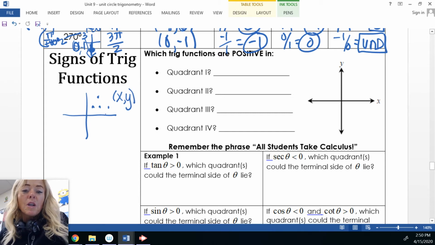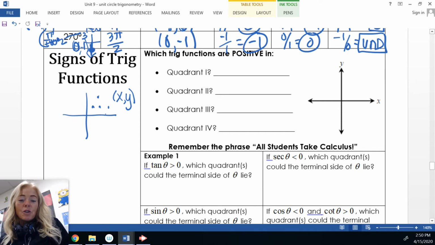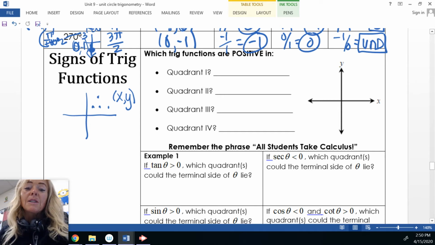If x is 2 or 3 or 4, or y is 2 or 3 or 4, whatever they are, they're both positive. Now, when I have points in this quadrant that could be on a terminal side, all of a sudden my x's here are always going to be negative because I'm always traveling backwards and then up. My y will be positive.